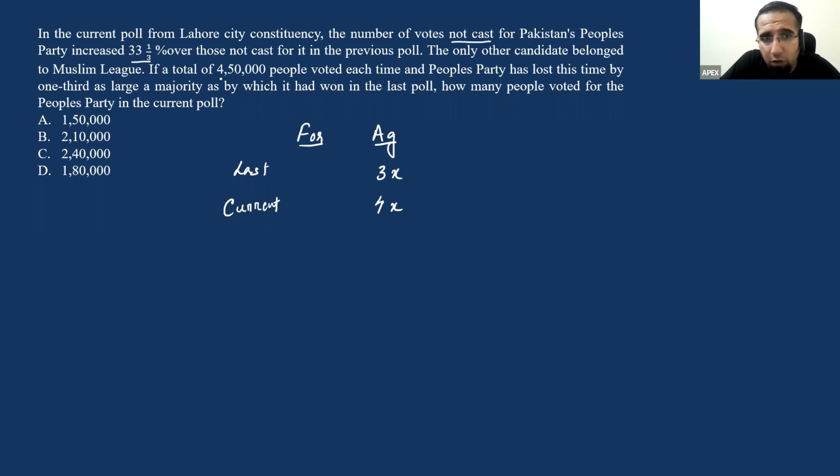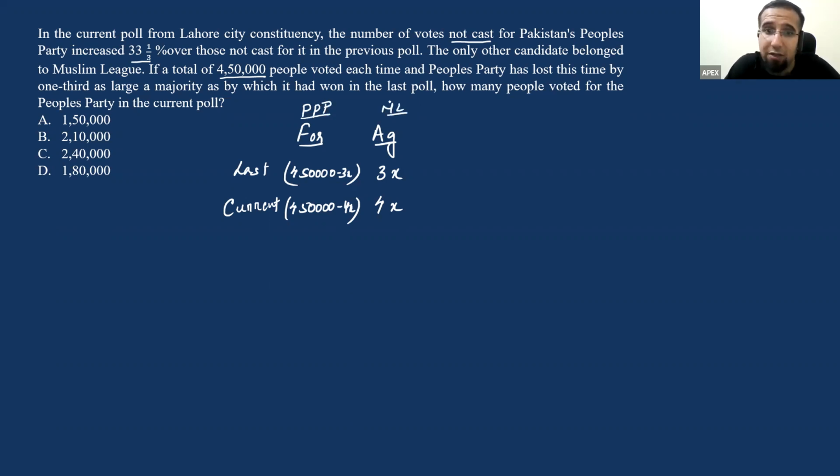So if there are a total of 4,50,000 people who voted each time, so for PPP last year it would be 4,50,000 minus 3x, and in this case, it would be 4,50,000 minus 4x. And it says People's Party lost this time. So when it lost by a majority, right? Losing by majority means the against guy is winning, right? So if this is for Pakistan People Party, then this becomes the Muslim League.